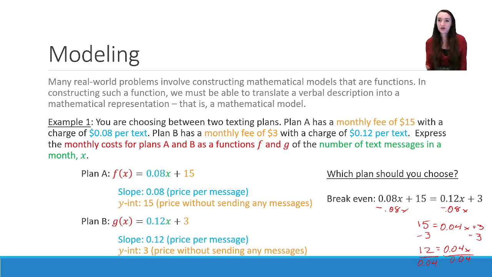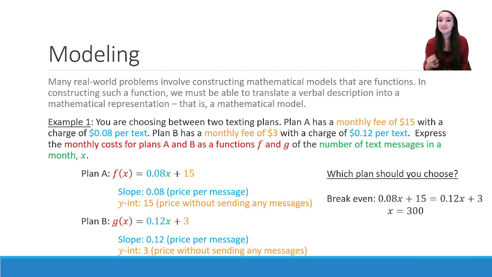Once I do that, 12 divided by 4 is 3, so it's going to be 300. So x equals 300. In other words, if I send 300 texts, then both plans are worth the same amount. I am charged the same amount regardless of which plan I use if I send exactly 300 texts.